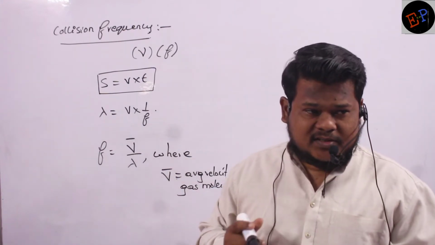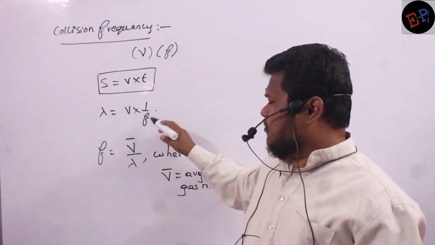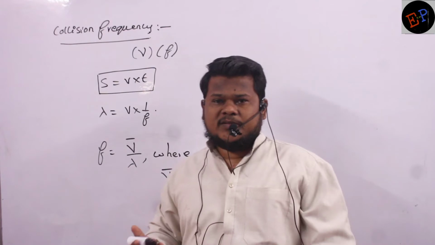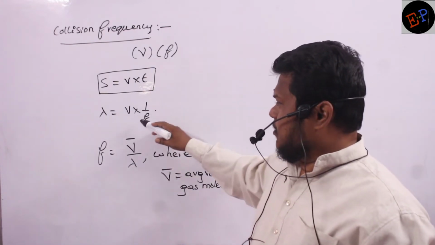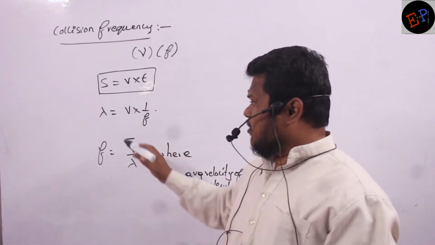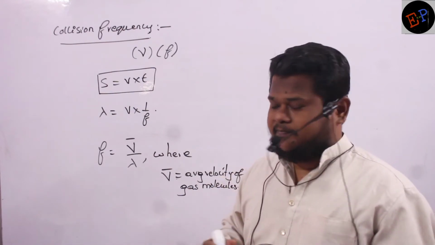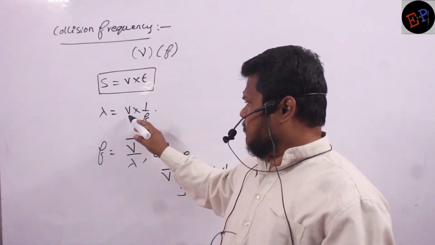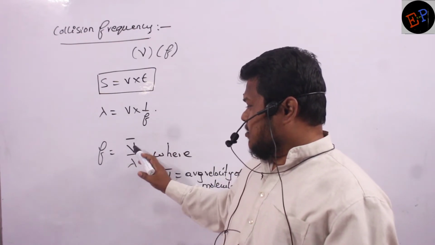Displacement is equal to velocity into time. Time period is 1 by frequency; reciprocal of time period is frequency, and reciprocal of frequency is time period. Displacement is nothing but distance, and that distance I will take as lambda, the average distance between two collisions, the mean free path. So lambda is equal to velocity multiplied by 1 by f. Therefore frequency is velocity divided by lambda.